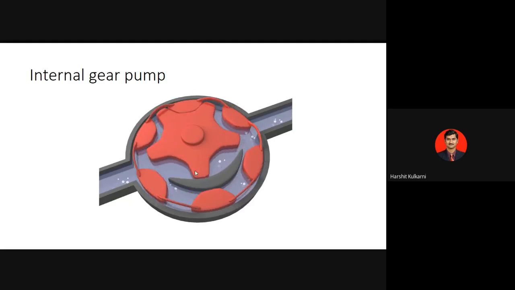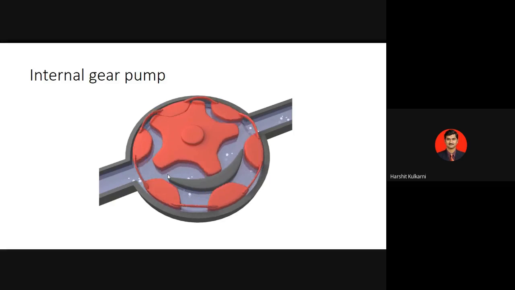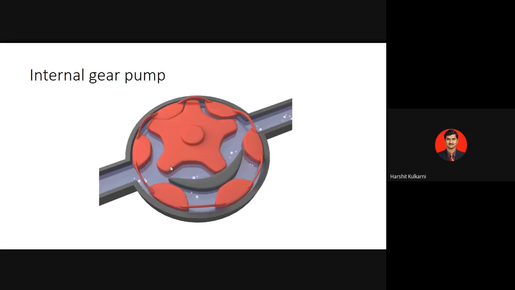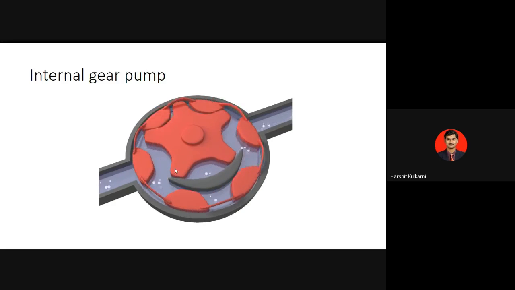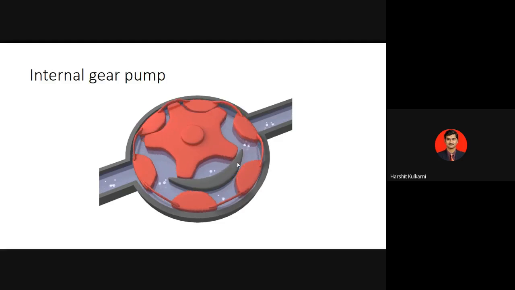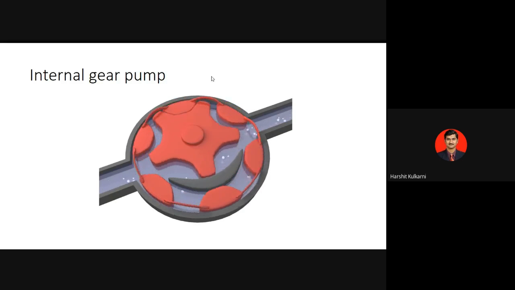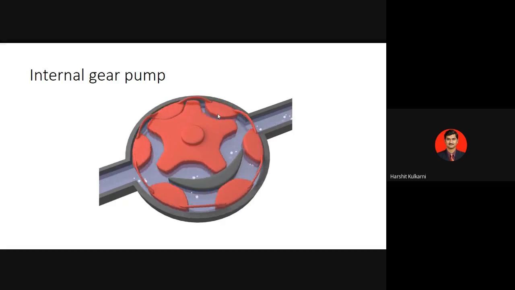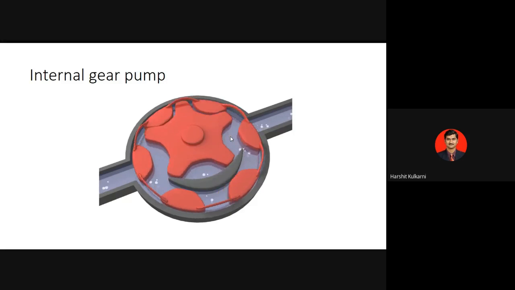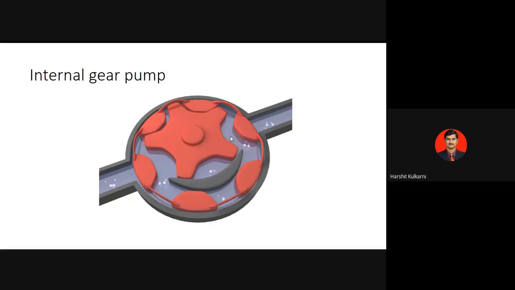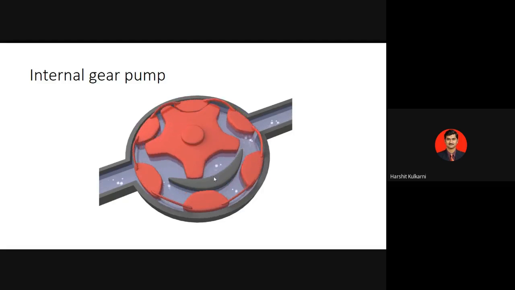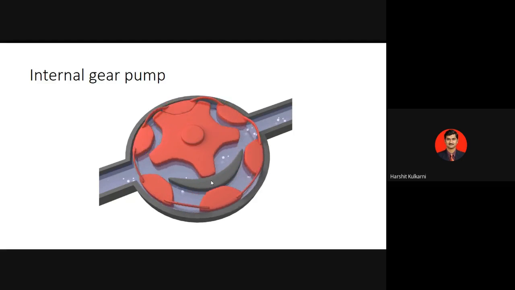Because of the increase in the volume, the oil is sucked inside, and when this oil is carried all along this length, at the other end you can see that the gears are meeting with each other and connecting with each other. So there is a push that is given to that fluid. So that is suction, discharge, and there is a crescent seal in between.